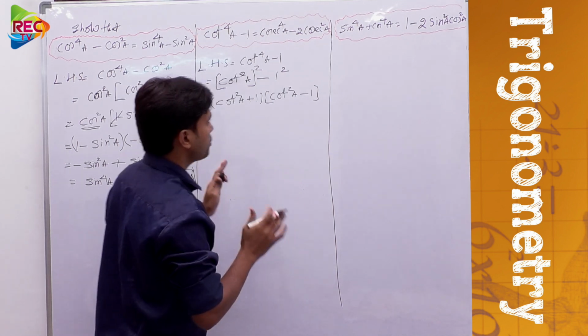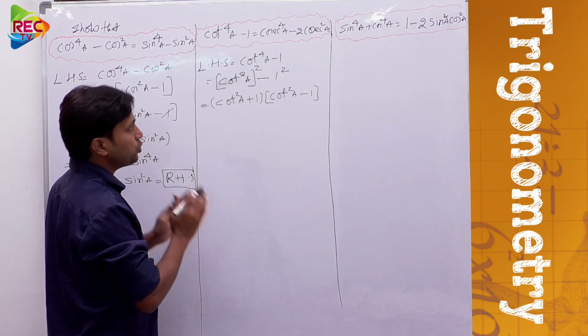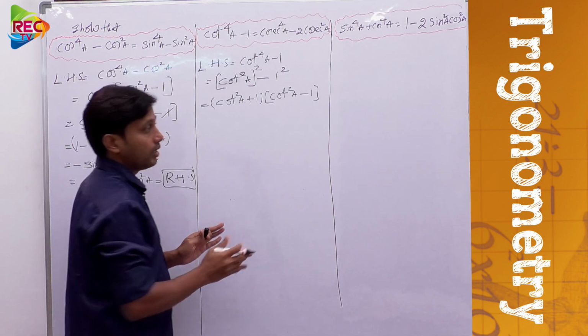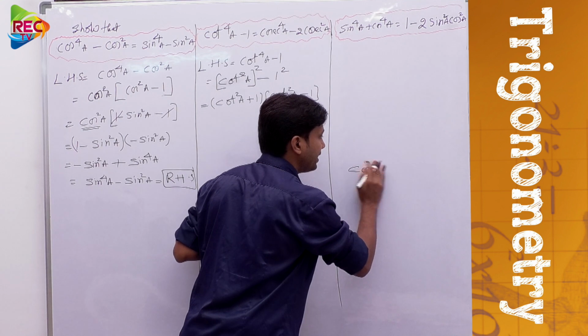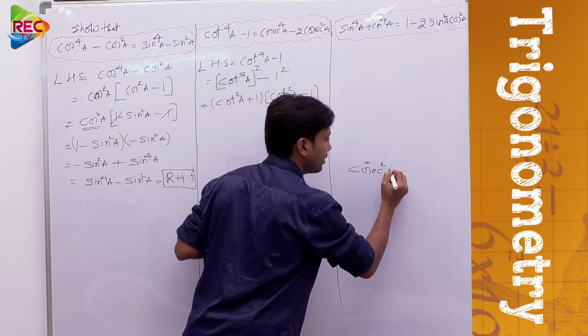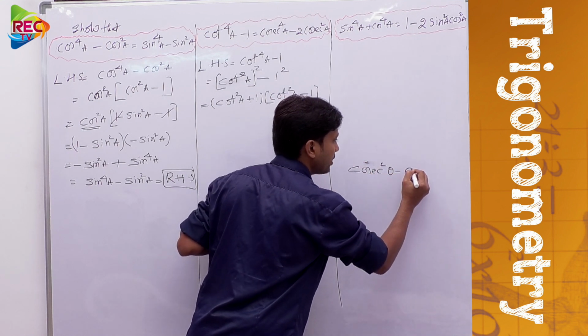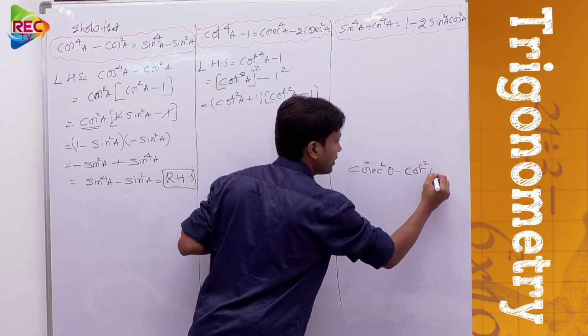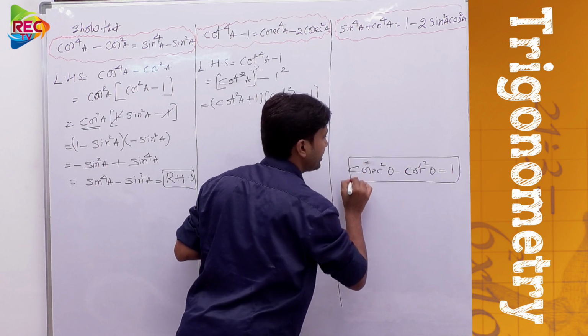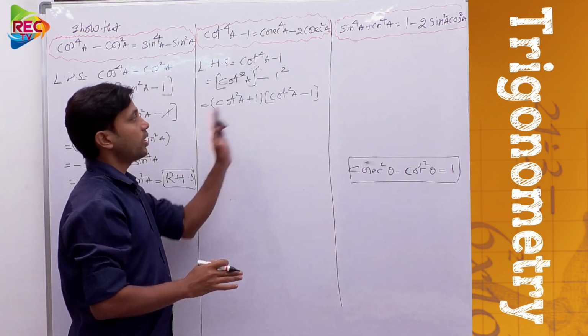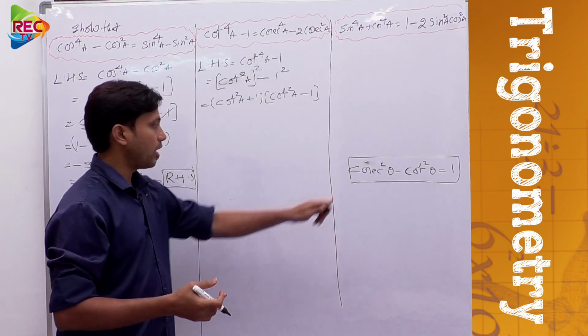So let us use the result of the second identity, means the third identity. What is that? Cosecant square theta minus cot square theta equal to 1. Let us use this identity over here to solve this expression. How to solve it?